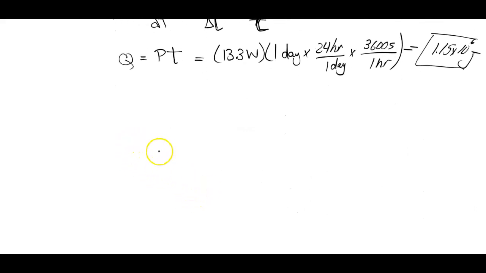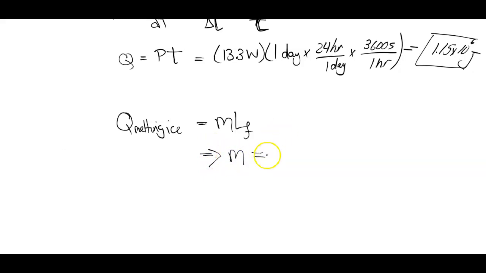So the energy associated with melting the ice then is going to be, like we've looked at before, the mass of the ice times the latent heat of fusion for ice, which means that the mass of the ice is the energy for melting the ice over the latent heat of fusion for ice.